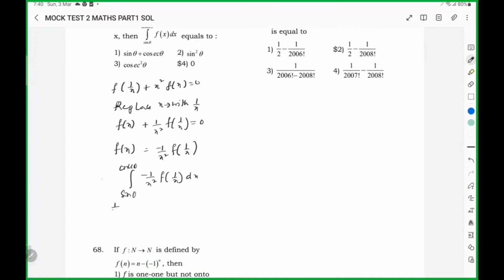So 1 by x, you take it as u, du. Then cosecant theta, here it is sine theta f of u du, which is minus sine theta to cosecant theta f of u du or f of x dx. So which implies I is minus I, so I is 0.